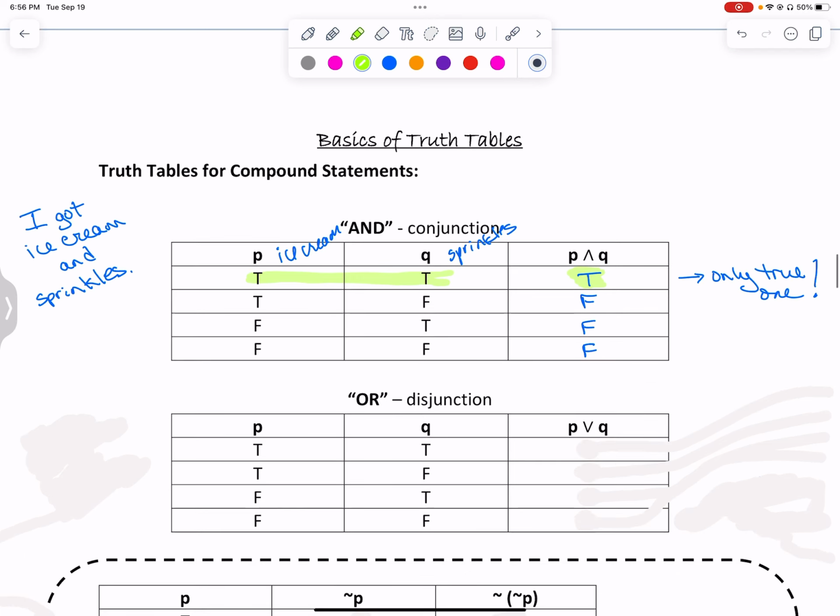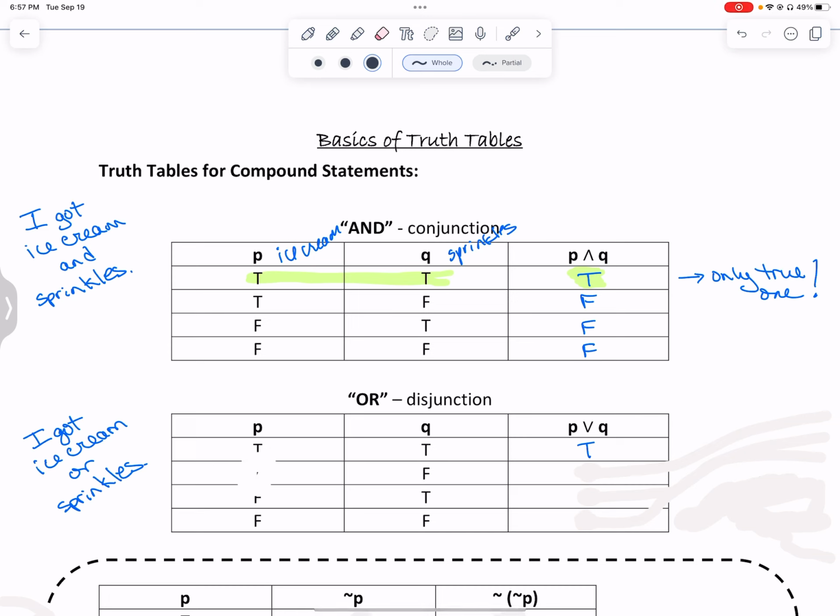Okay, so let's talk about or. We're going to do ice cream and sprinkles again. I got ice cream or sprinkles, and when I got both of them, it's going to be true. If you got both, that's okay. If I got my ice cream but didn't get the sprinkles, that's also true.